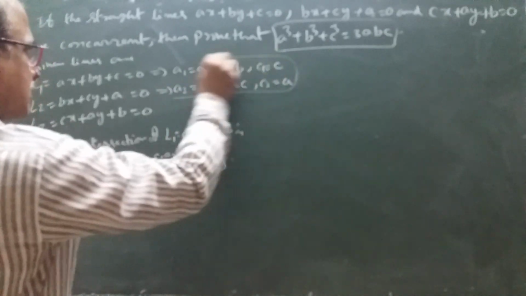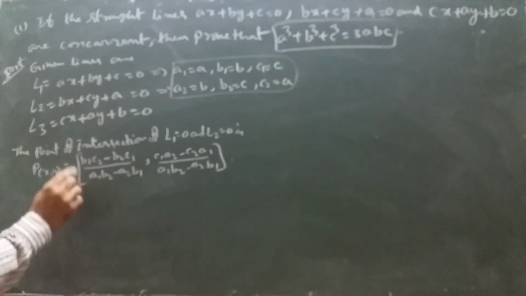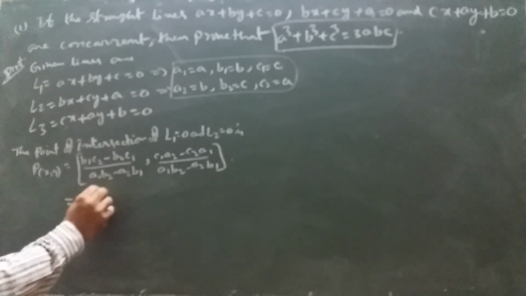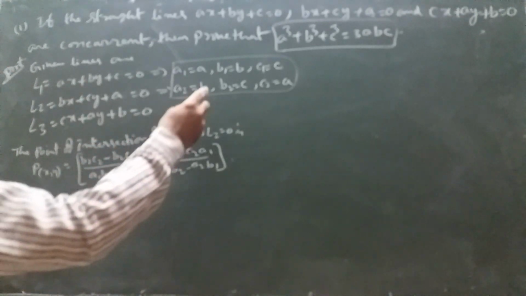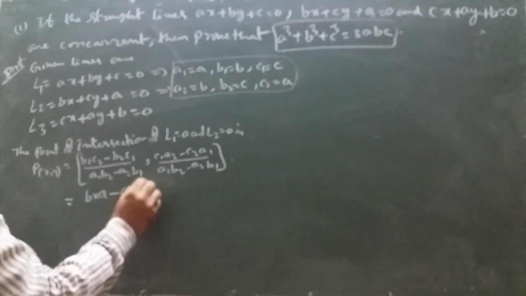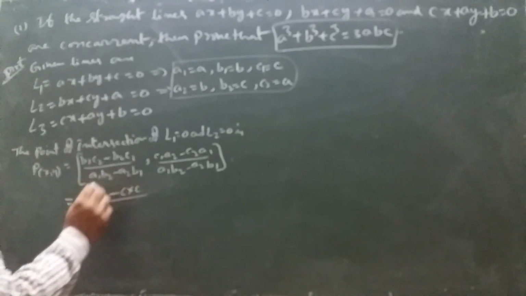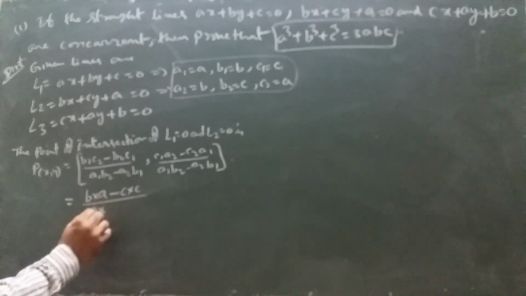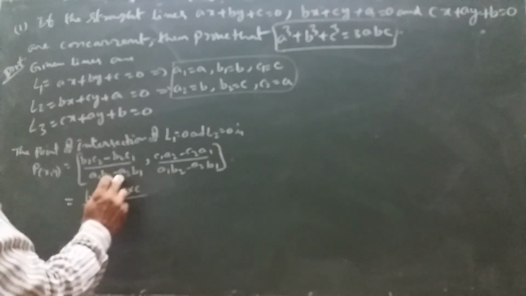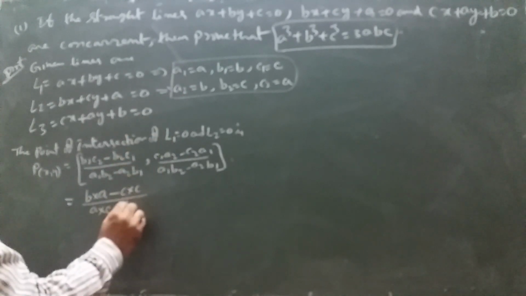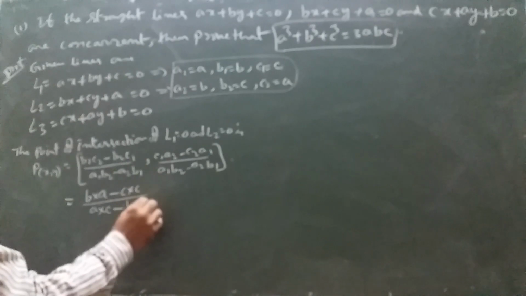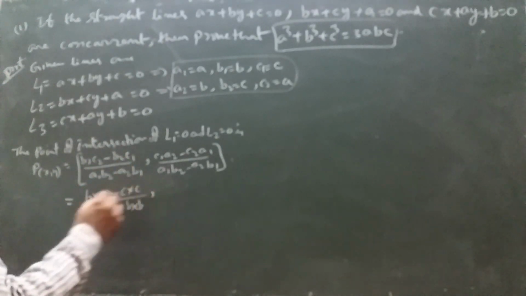By using these values in the given formula, b1 means b into c2, a, b into a, minus b2 c1, what is b2, c into a, c1 means c, by a1 b2, a1 means a into b2 means c, minus a2 b1, what is a2, b into b1 means b, comma.